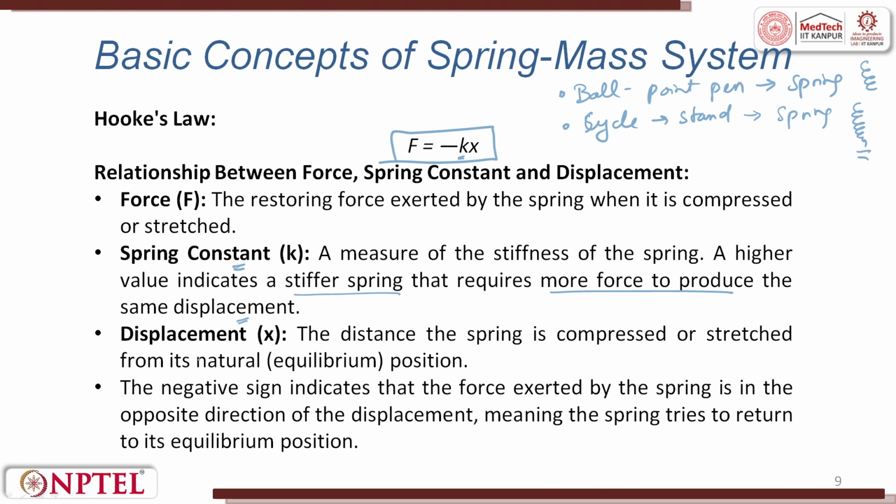So, x is nothing but the displacement. The distance the spring is compressed or stretched from its natural position is called displacement, x. The negative sign indicates that the force exerted by the spring is in the opposite direction of the displacement.